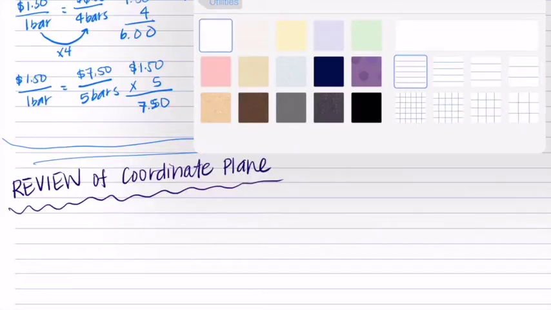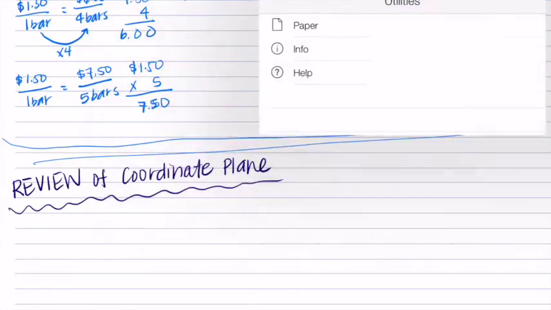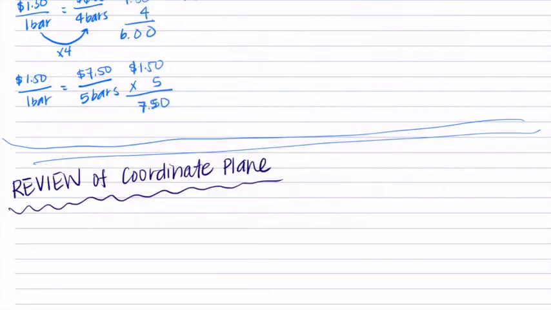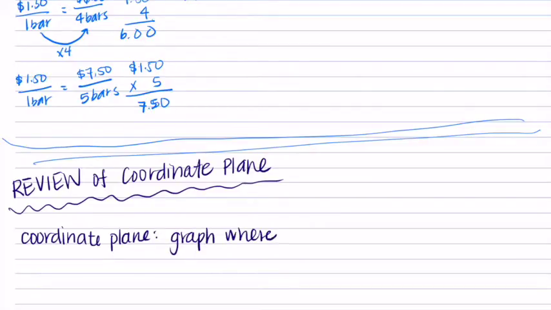I'm going to throw in some lines because I can't write straight. Our first one, of course, is coordinate plane. This is just a graph where coordinate points may be plotted.